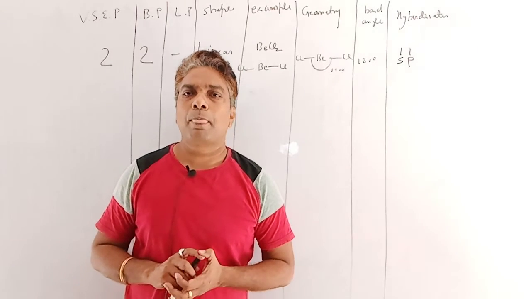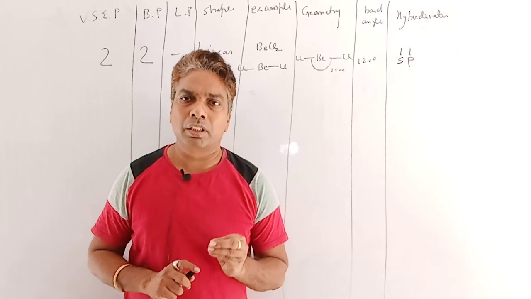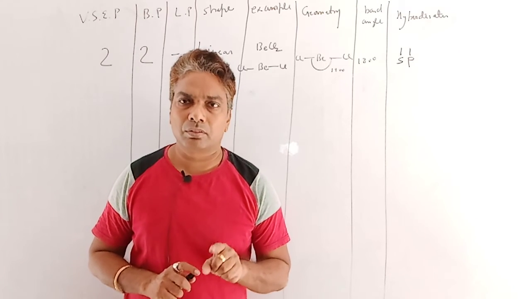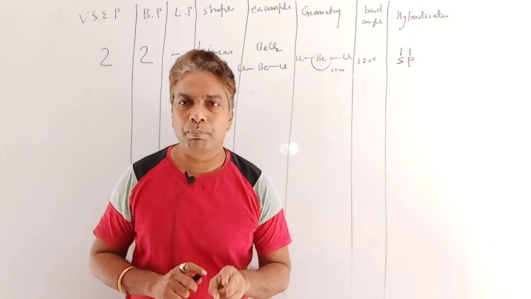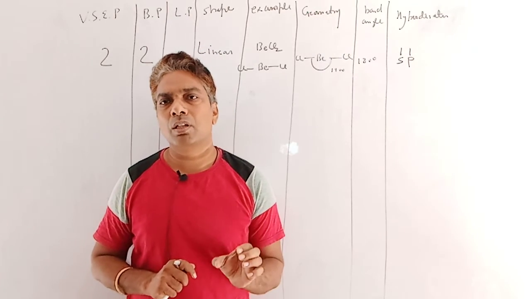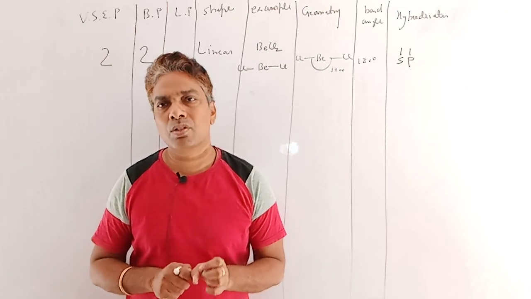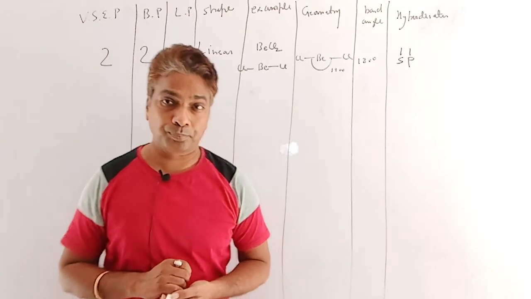If we say hybridization is sp3, then it means one s and three p orbitals of the central atom are hybridized or intermixed with each other. Clear?